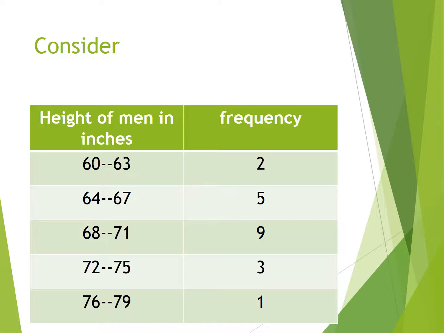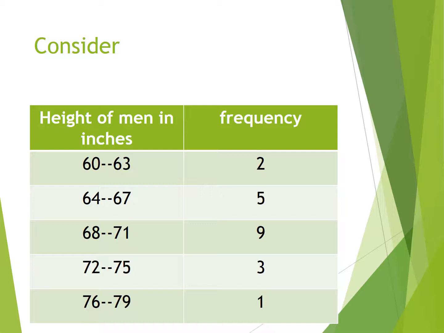So for example, let's look at this. Here we have our classes. This class goes from 60 to 63. The lower class limit is 60. The upper class limit is 63. My class width is the difference between two subsequent lower class limits or two subsequent upper class limits. The difference between 60 and 64 is 4, but so is the difference between 67 and 71 or 68 and 72.